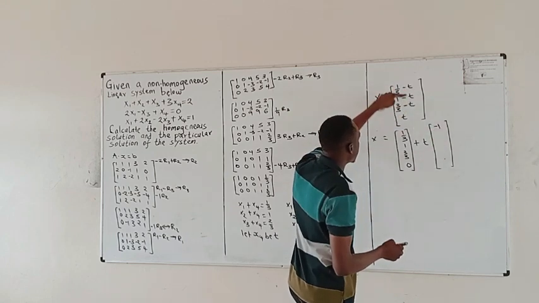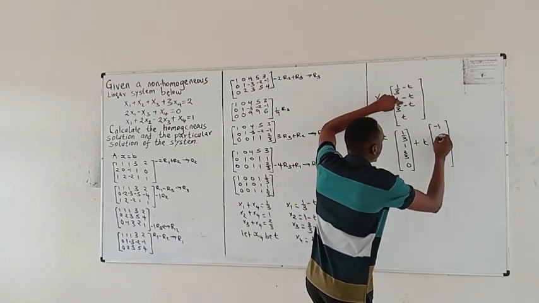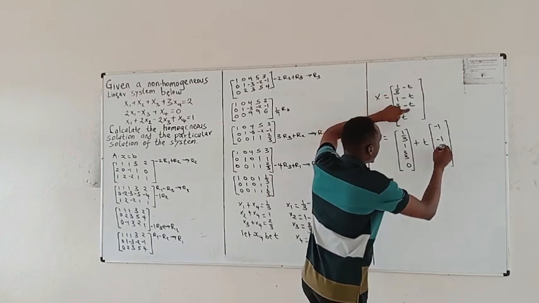Since t is now outside here, we're going negative 1, negative 1, negative 1, and 1.